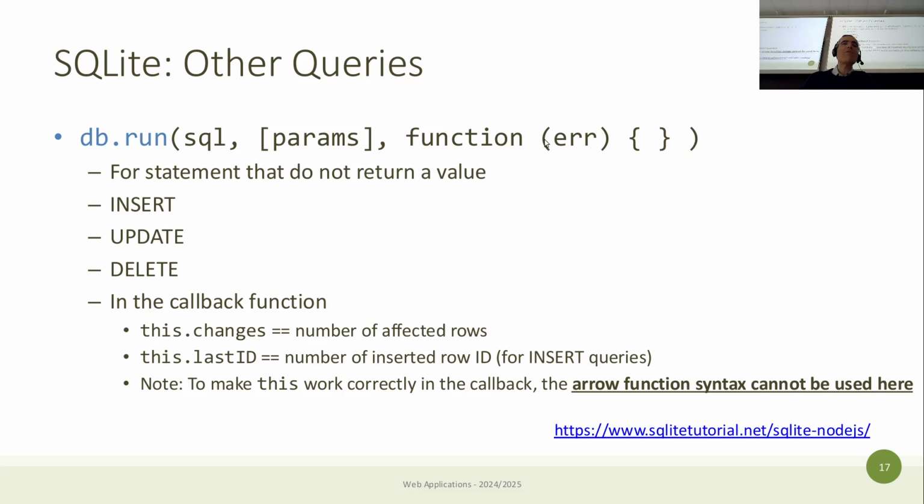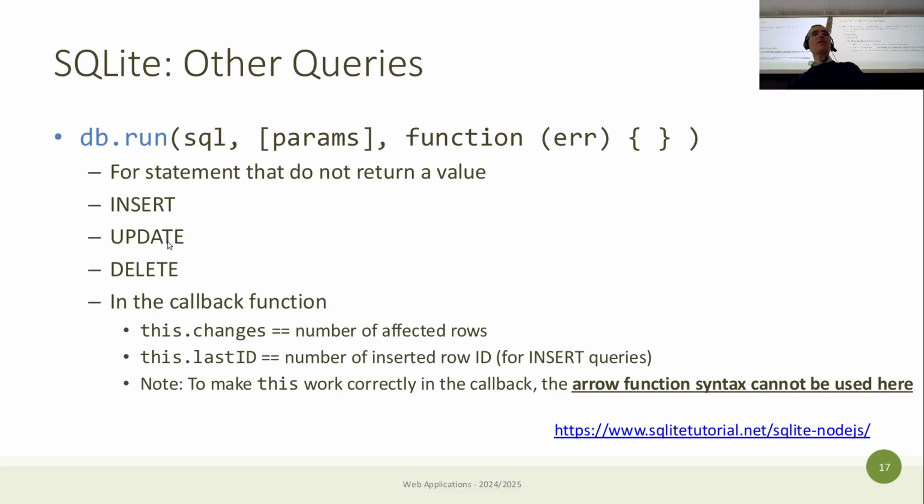So basically, before calling your callback, inside the library, somebody will do a binding between an object and the function. Inside your code in the brackets, you can use this.changes and this.lastID to get the number of affected rows.